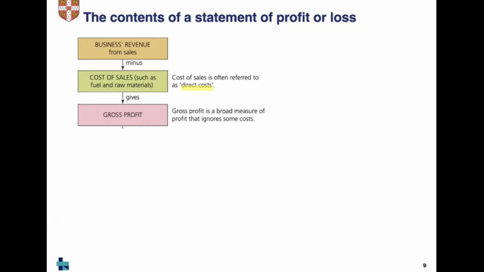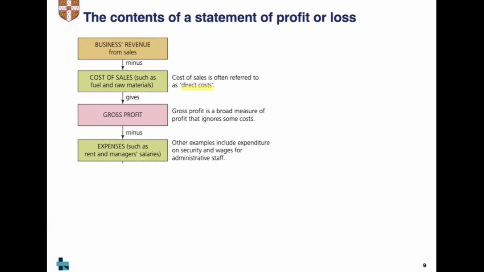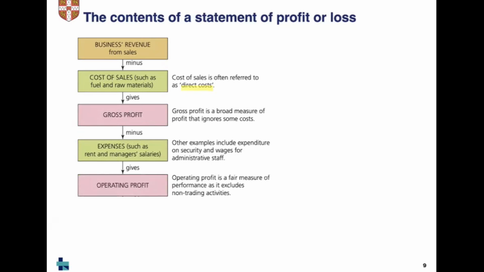Then we deduct other costs, or other expenses, such as the rent for the factory, the manager's salary, administrative staff salary, etc. After we deduct these expenses, it gives us the operating profit. Why do we call it operating profit?